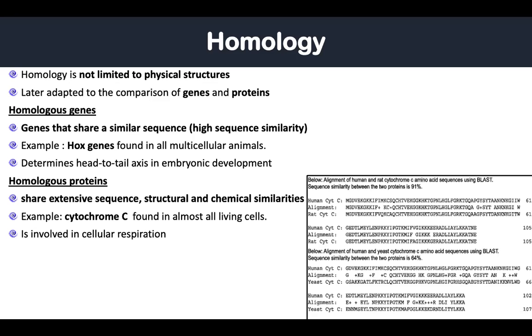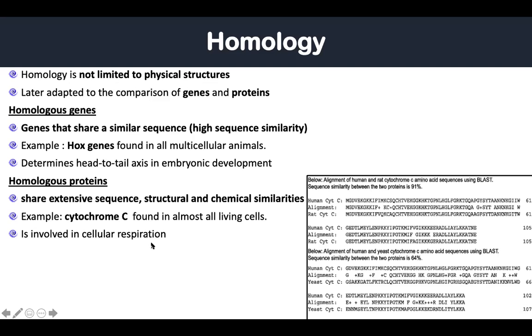So if you see like 90% similarity of amino acid sequence in the domain of, for instance, an enzyme in human and an enzyme in a rat, you can be sure that the structure of the enzyme will be almost the same, or at least the catalytic site will have almost the same structure, and then the enzymatic activity will also be similar, right?